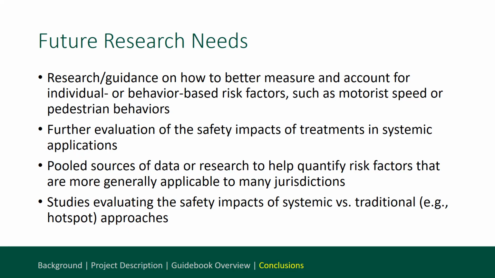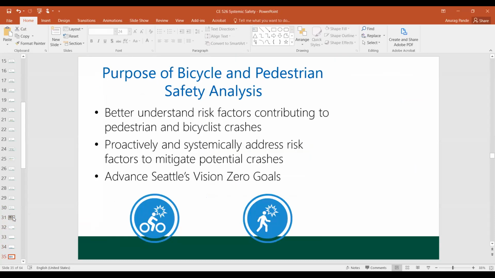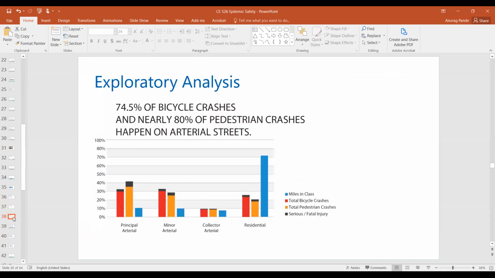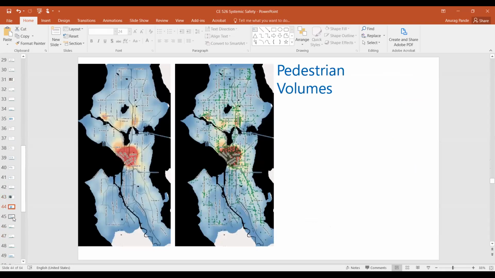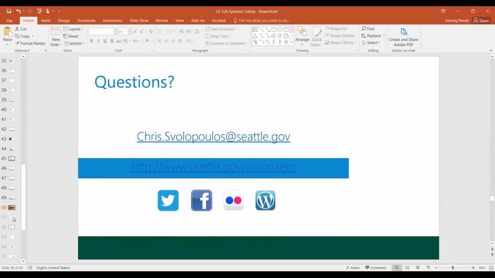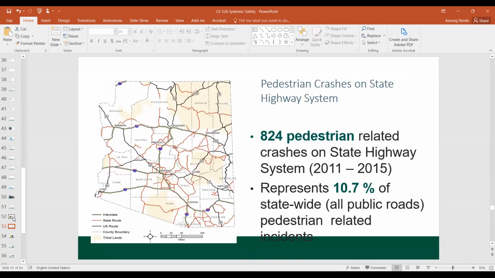Okay, so I'm going to stop here. I'm going to have you look at the remaining slides. There is an example of Seattle and how they implemented a systemic approach, and then a second case study from Arizona DOT, a pedestrian analysis by Kimberly Horn.